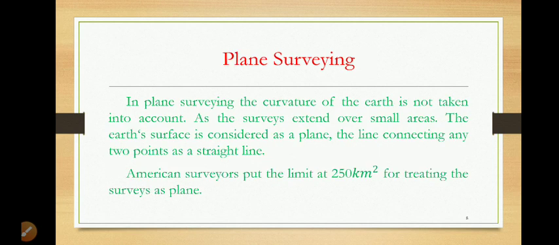In plane surveying, the curvature of the earth is not taken into account as the survey extends over a small area. The earth's surface is considered as a plane, and the line connecting any two points as a straight line.